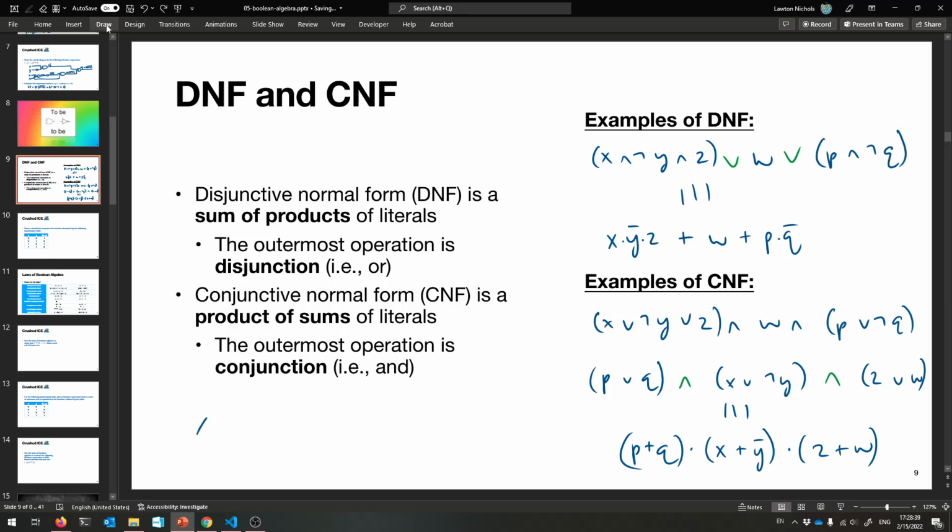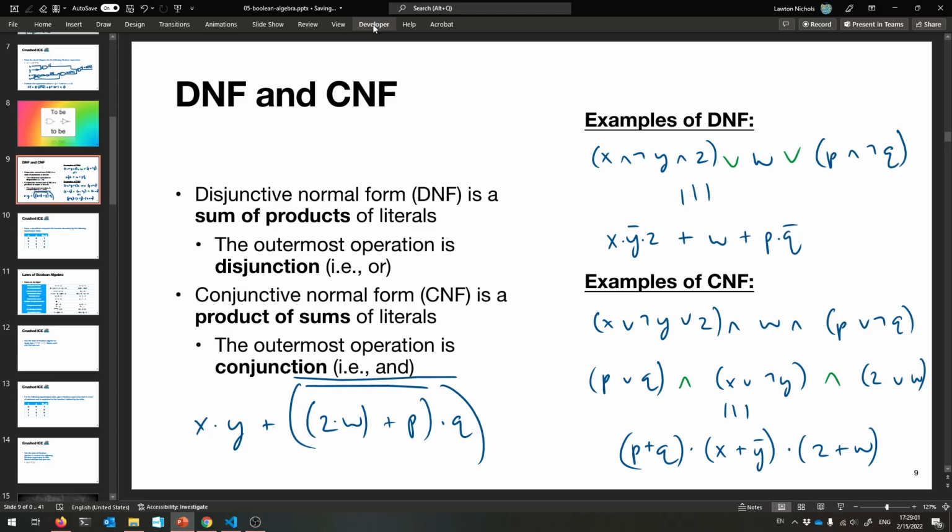Because one day you might have some big long expression like X times Y plus, I don't know, Z times W plus P, all of that complemented, times Q and all of that complemented as well. That gets really hairy really quickly, and nobody likes that.